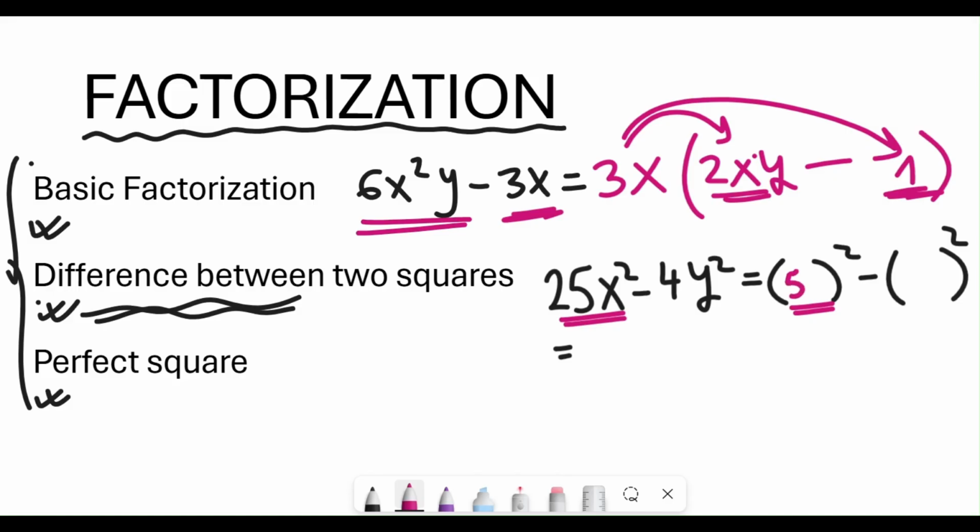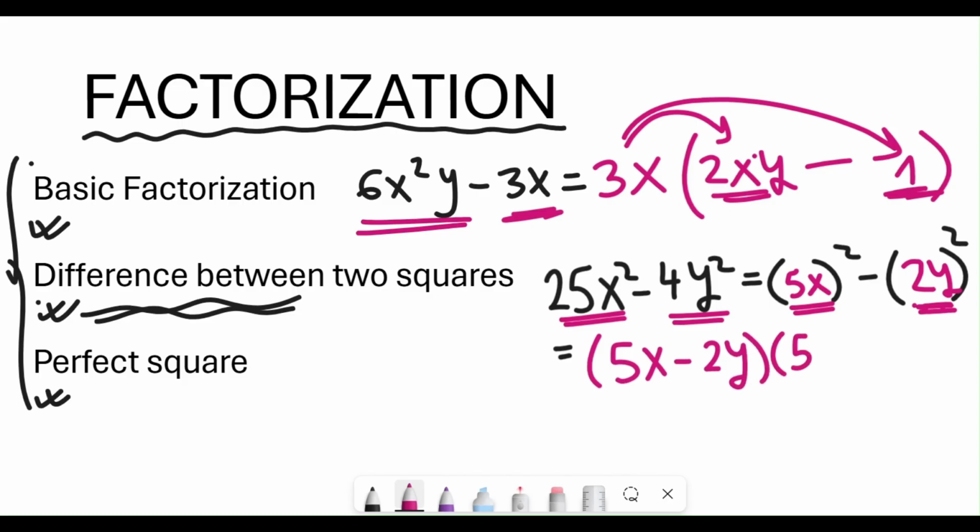Oh, we multiplied 5x by 5x. And then again, what did you multiply by itself to get 4y squared? We multiplied 2y by 2y. So this means that we can say, finally factorized, it's 5x minus 2y and 5x plus 2y.